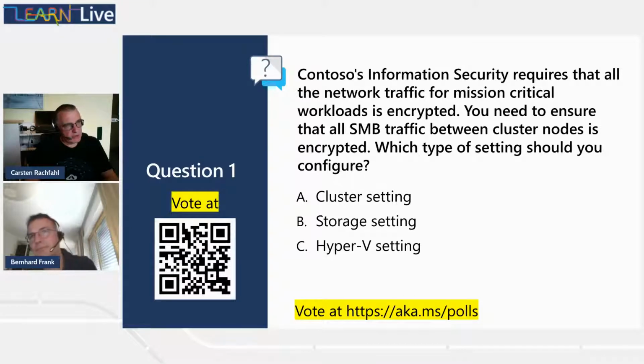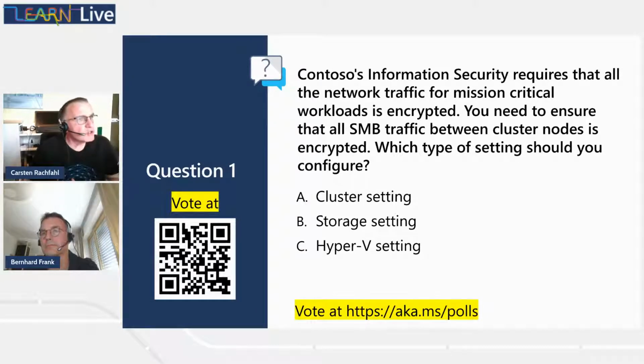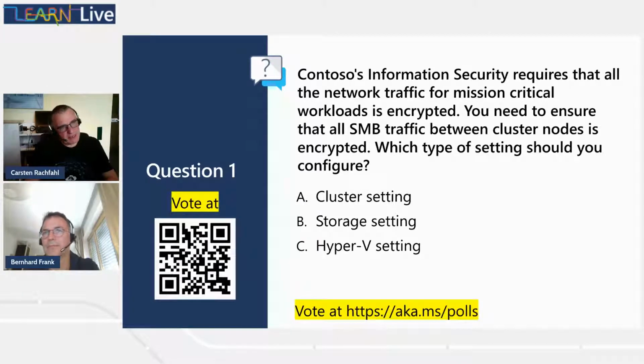So Contoso has an information security department that requires encryption in the cluster traffic, and the question is, where can you configure that? We were not specifically on that point on the screen, but it should be possible for you to find it out.